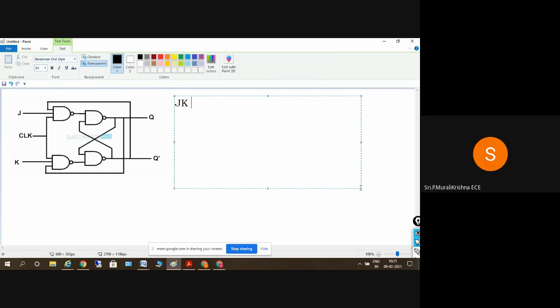So the JK flip flop. We'll take J value equal to 0, K value equal to 0, and clock equal to 1.